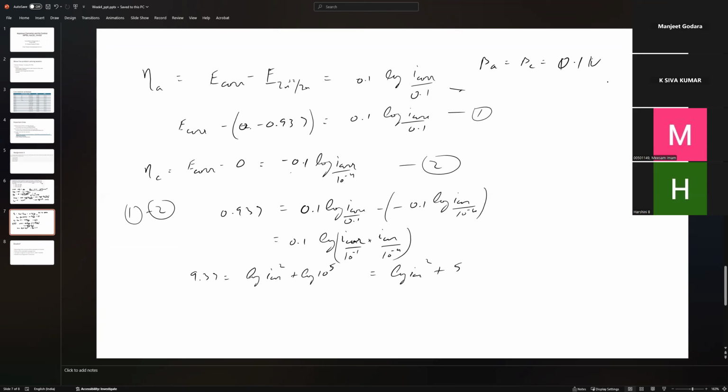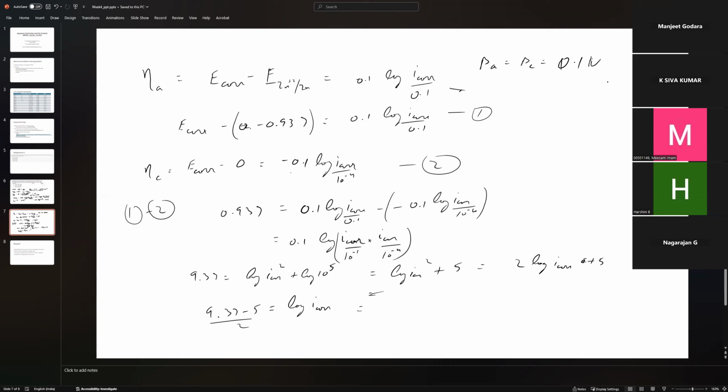Take the 2 out: 9.37 equals 2 log of I corr plus 5.